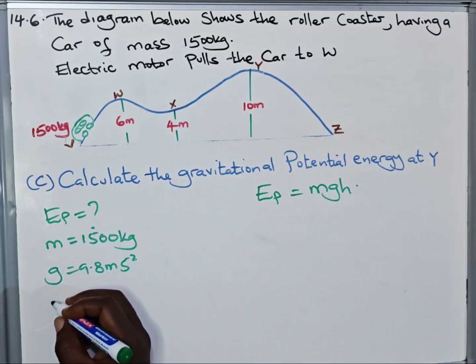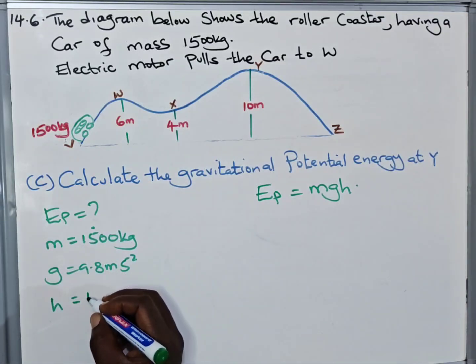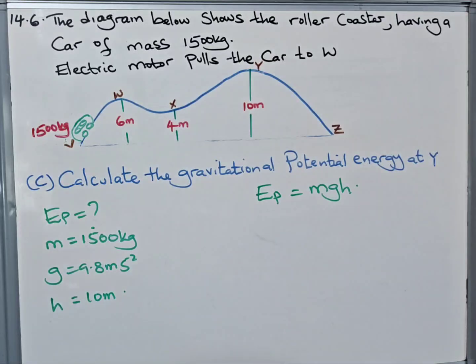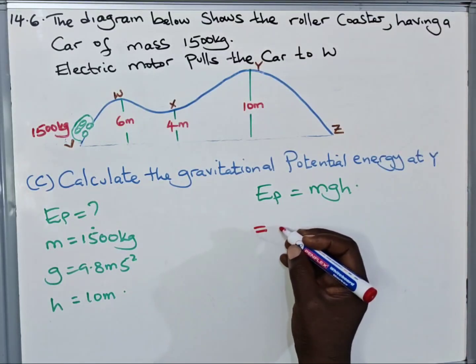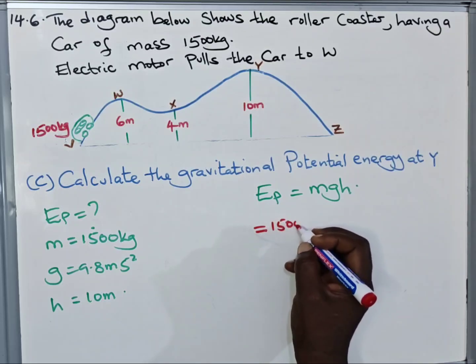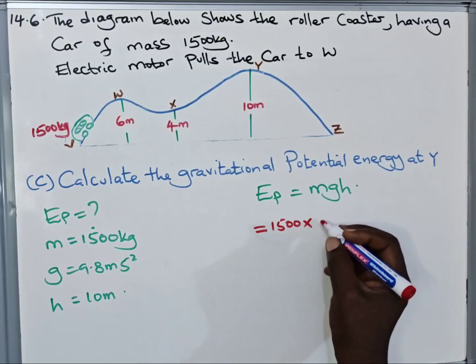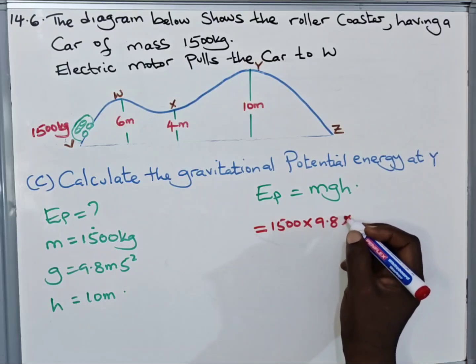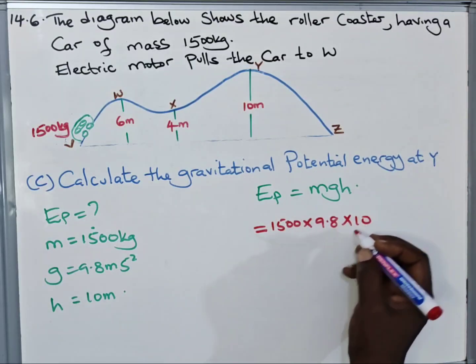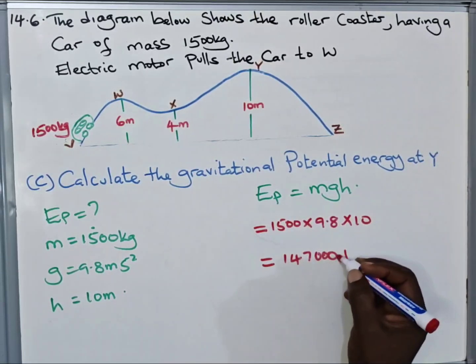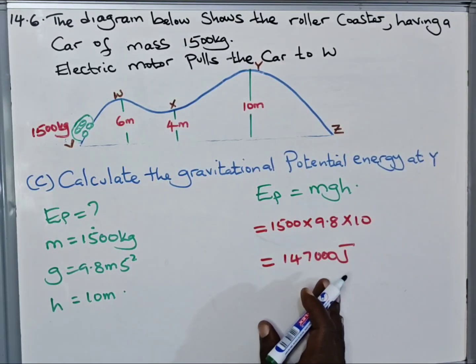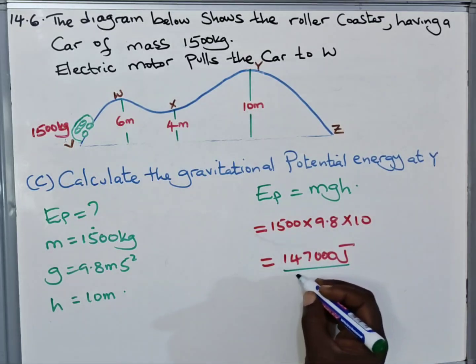And h at Y is 10 meters. So with this information, we substitute here and we say m is 1,500 times g, which is 9.8, times height, which is 10, giving us 147,000 joules.